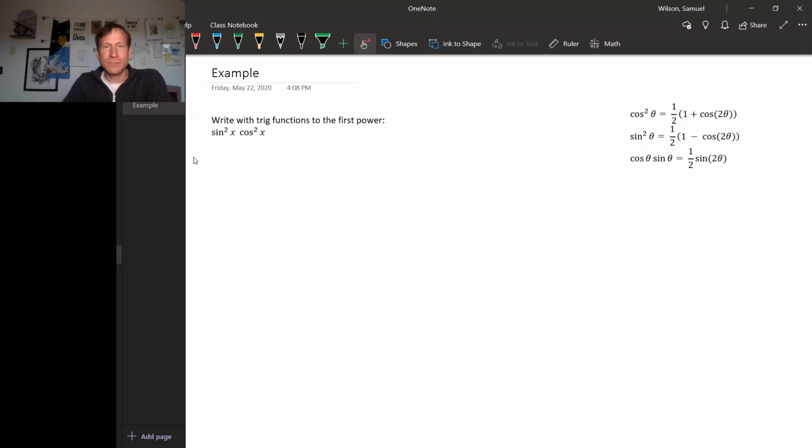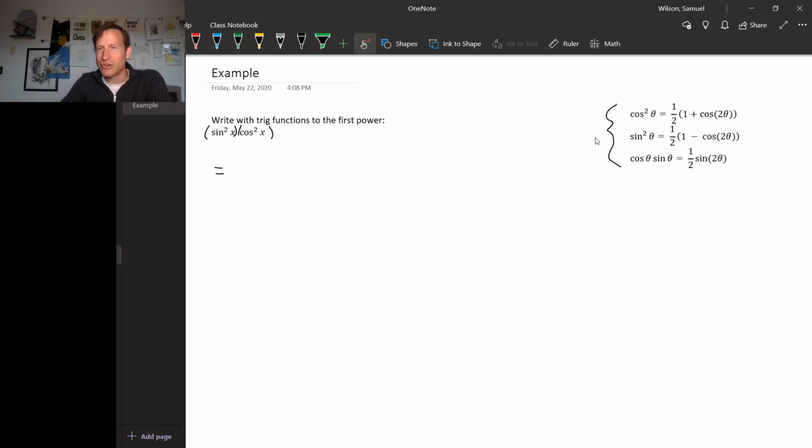Okay, so there are actually a couple different ways to do this that I want to show you, because we have a mix of sines and cosines, there's more than one way we could use these identities that we just figured out to rewrite everything in terms of just trig functions to the first power. So let's start off by interpreting this as sine squared times cosine squared, like this.